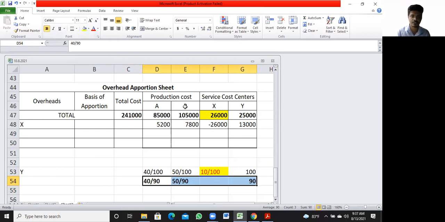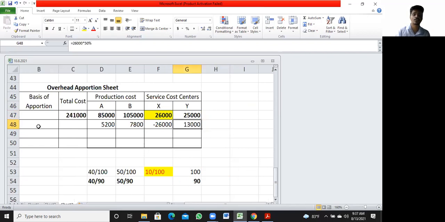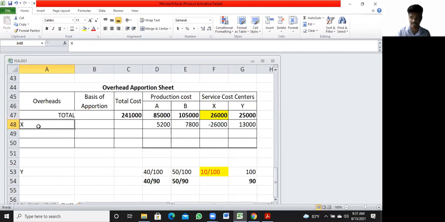Got the point? First we identify the most significant service cost center, the one with the highest value. We identified X, and in the normal way we distribute its cost among the other cost centers, including the other service cost center.